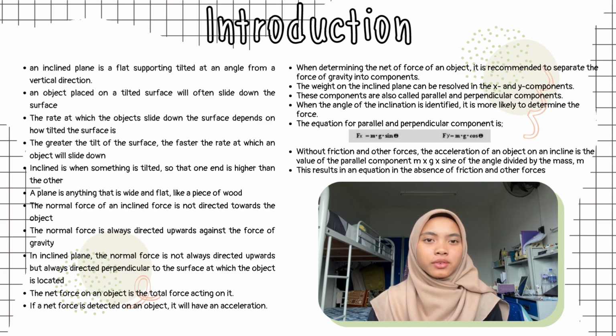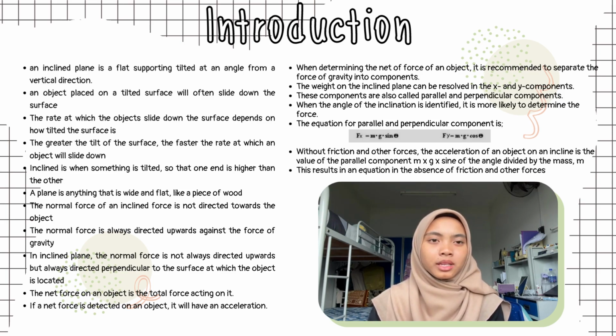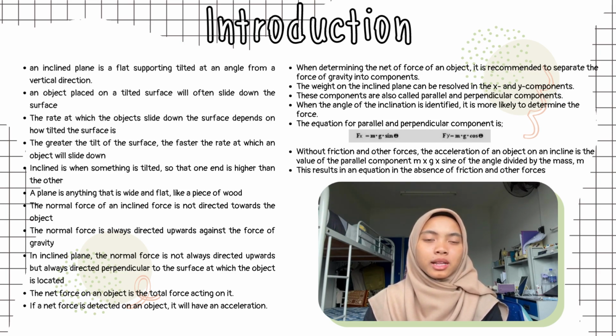When the angle of the inclination is identified, it is easier to determine the force. The equations for the parallel and perpendicular components are Fx equals m times g times sine theta and Fy equals m times g times cos theta.